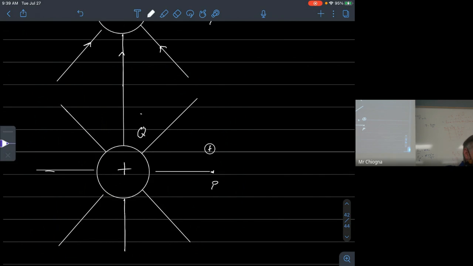Which way would this charge here move? Would it move towards positive big Q or away? It would move away. So when you draw in the arrowheads, they're pointed away from the positive source.